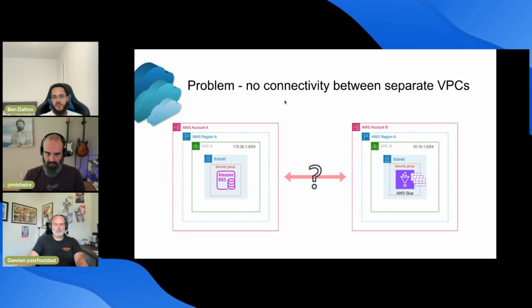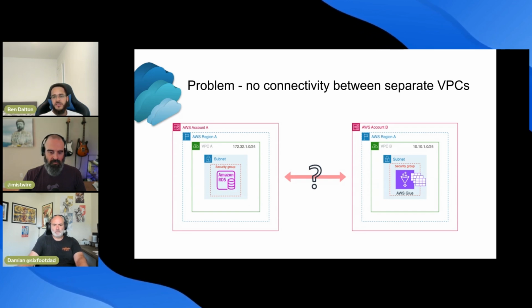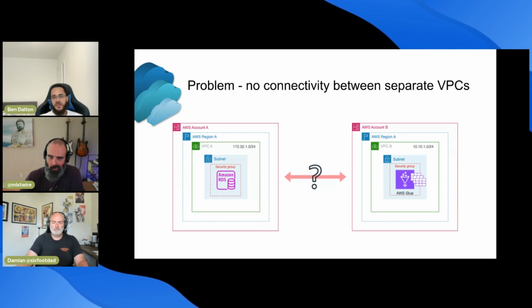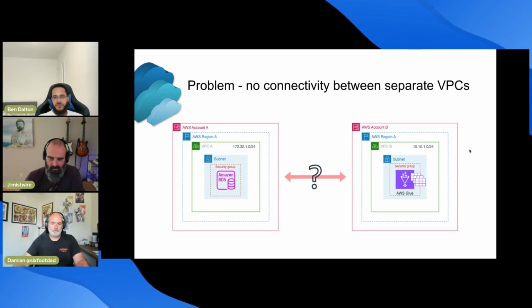And there was absolutely no cross connectivity set up whatsoever. So we needed something quick and cost effective and secure in order to enable them to actually access this data so that they can explore it and find the relevant use cases for the data.